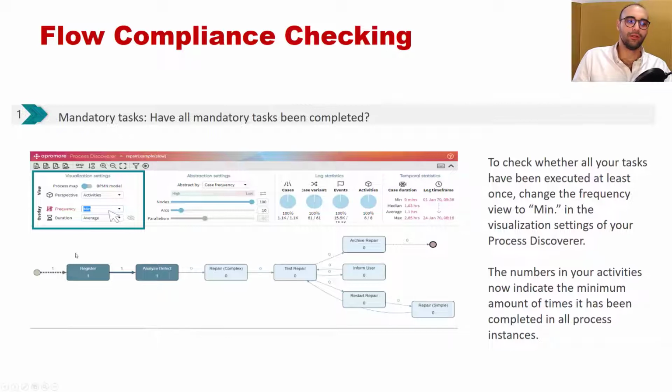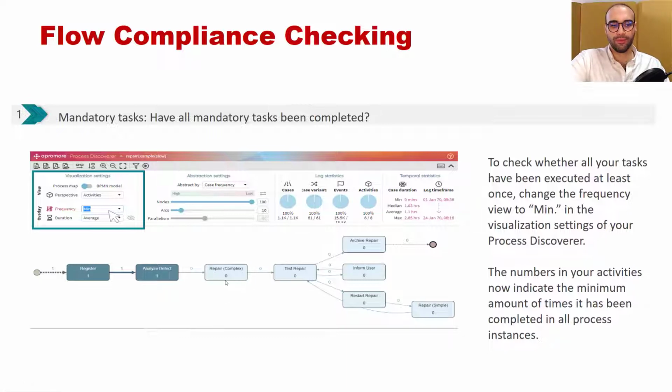As you can see here, the register has a minimum of 1. That 1 means that the register activity has been executed at least 1 time inside every case of the event log. The repair complex here, for example, means that it can happen.